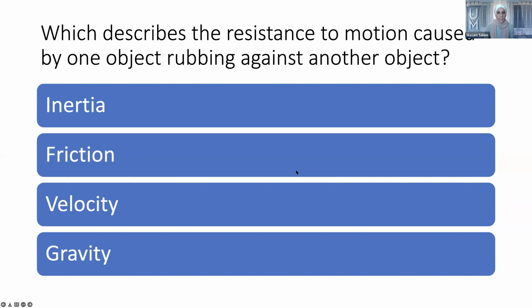All right, so let's begin. The first one describes the resistance to motion caused by one object rubbing against another object. We have inertia, friction, velocity, and gravity. What do you think? How did you think of this question?